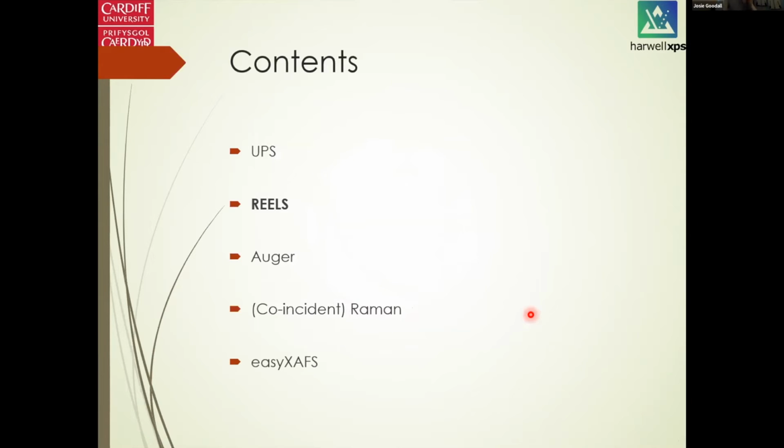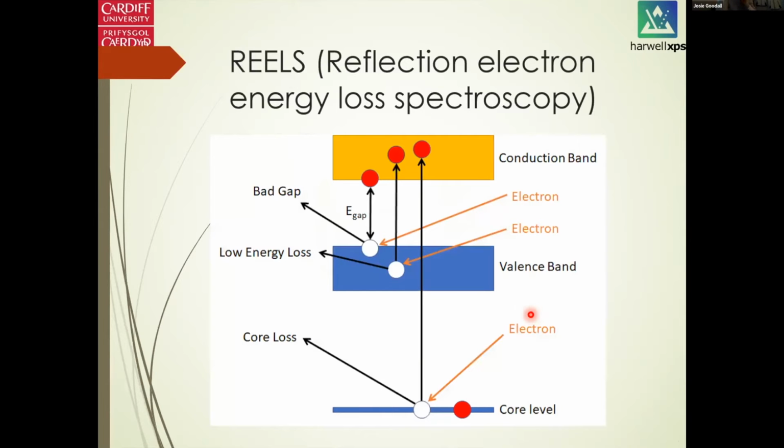And now let's move to REELS, which is reflection electron energy loss spectroscopy.